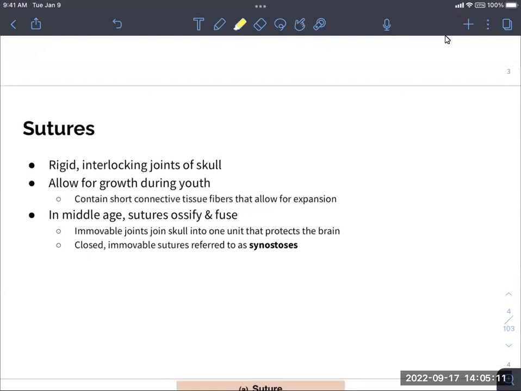Sutures. Sutures are what make up most of the joints in the skull.